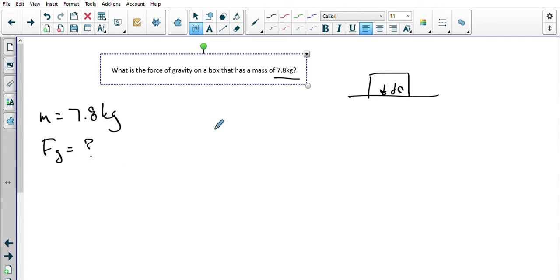Well, the formula we're going to use, Fg is equal to mg. So we need to know what g is, 9.8 newtons per kilogram. Now, you notice that I'm summarizing this over on the left-hand side. I'm doing that right now just to emphasize the point that we're talking about this gravitational field strength and that you need to be including it as part of the information.